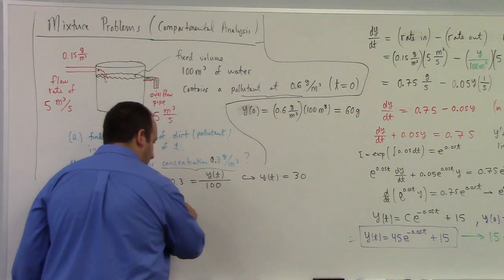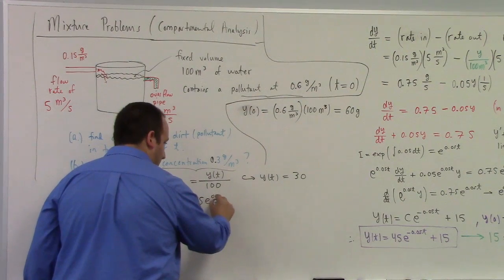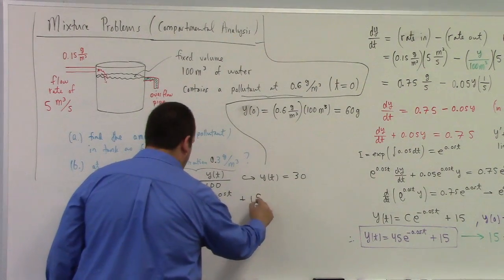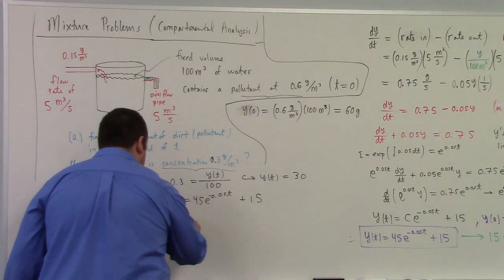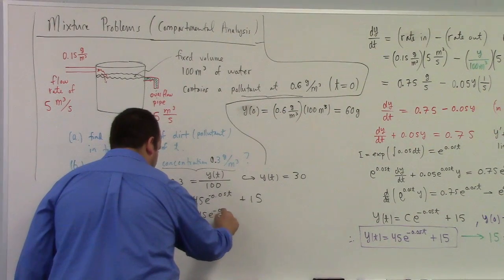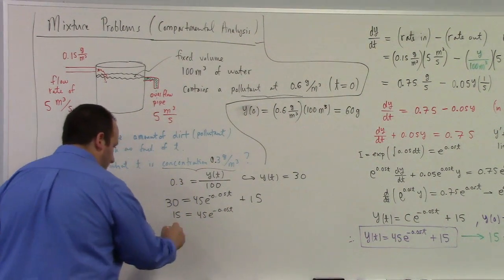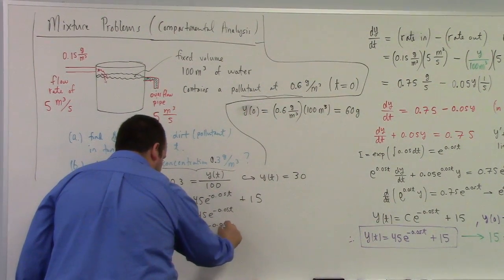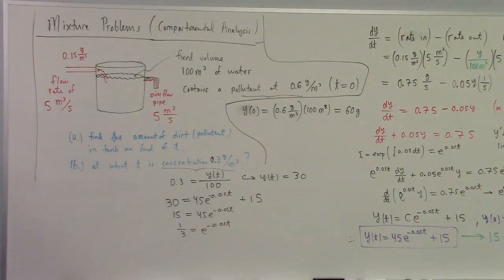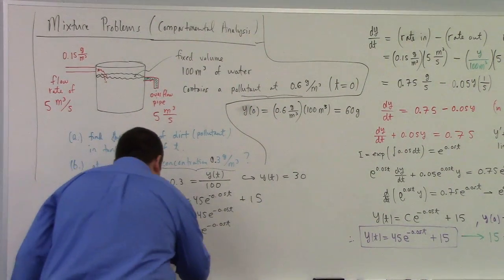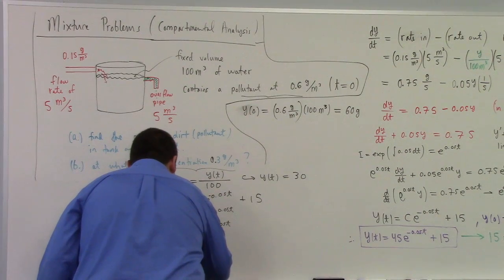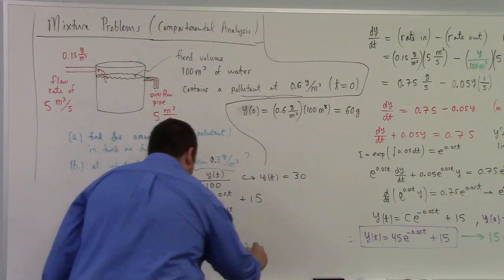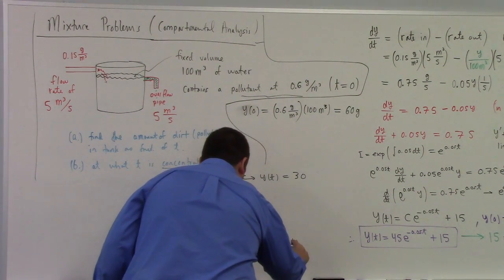Because then I've just got to solve 30 equals 45 e to the minus 0.05t plus 15. So that gives me 15 equals 45 e to the minus 0.05t. Divide by 15, I get 1/3 equals e to the minus 0.05t. Take the log of both sides. We get log of 1/3, which is, by the way, minus the natural log of 3, and that's equal to minus 0.05t.